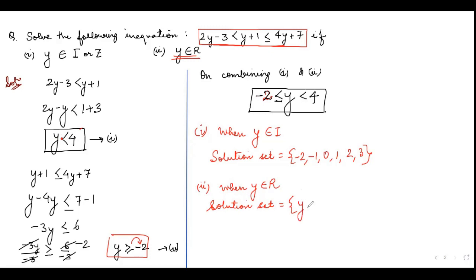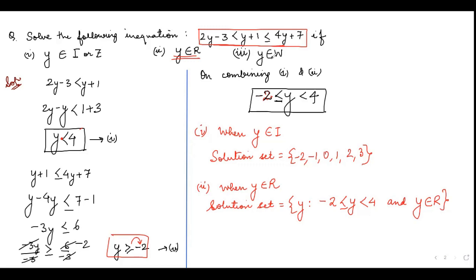So we will write y such that, then the inequation, the syntax is this: -2 less than equal to y less than 4. Then the replacement set, y belongs to real numbers. Done, our work is complete.